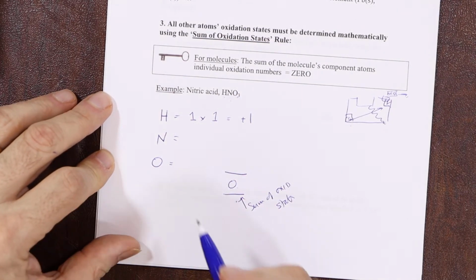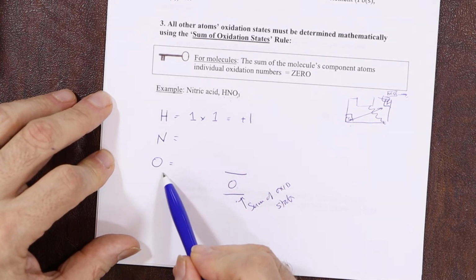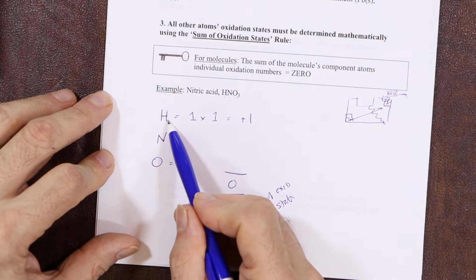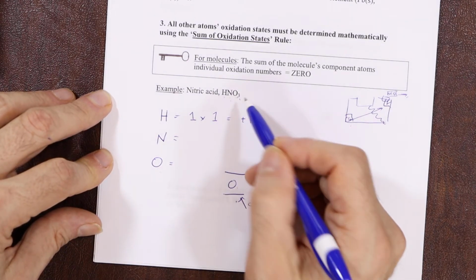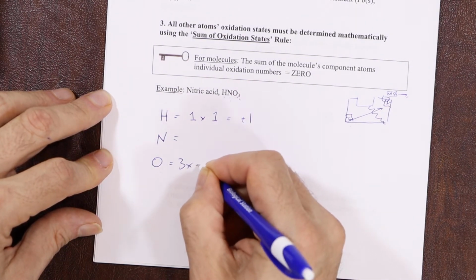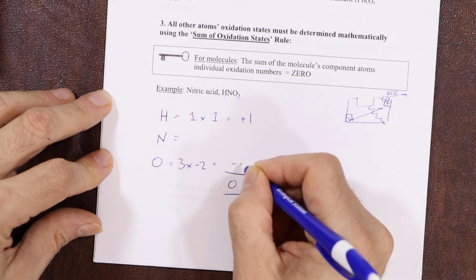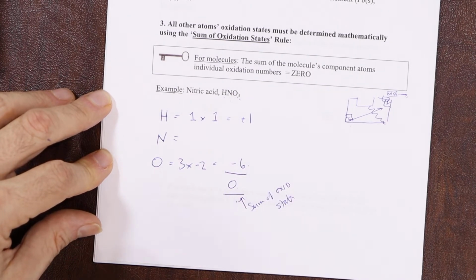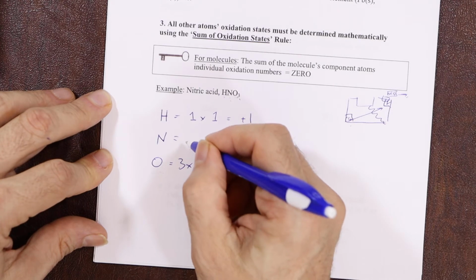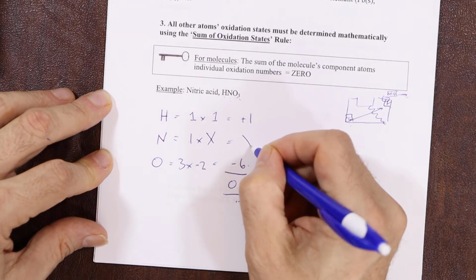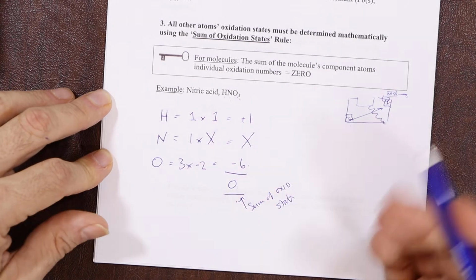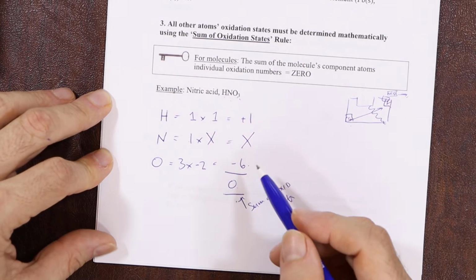Oxygen, the other piece of bread in the sandwich, so that's the weakest, that's the strongest. This is going to be its natural oxidation state. In here there's 3 of them, and it makes a -2 oxidation state, which has a contribution of -6. Now nitrogen, there's 1 of them times the mystery oxidation state, X. If there were 2 nitrogens, it would be 2X, right? And we've got to solve for X.